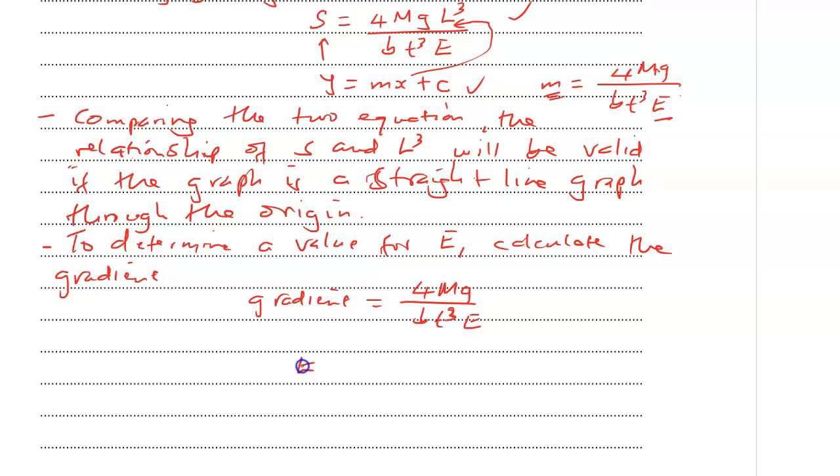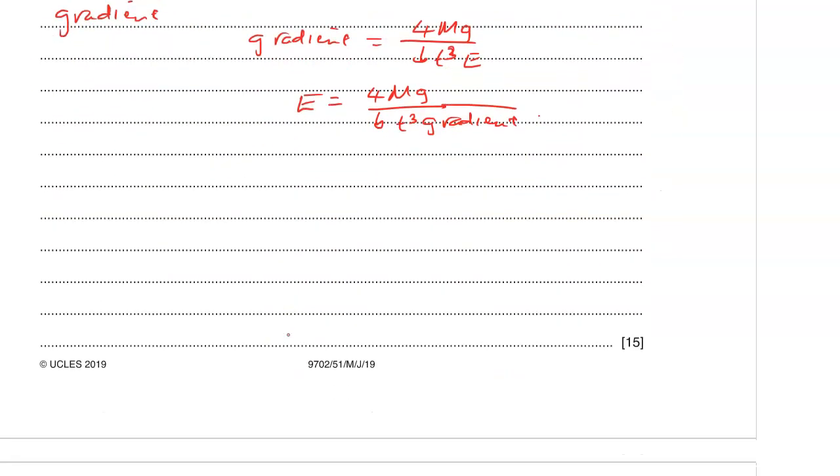So E is going to be 4mg over BT cubed times gradient. Right there. So you have gotten your E right there.